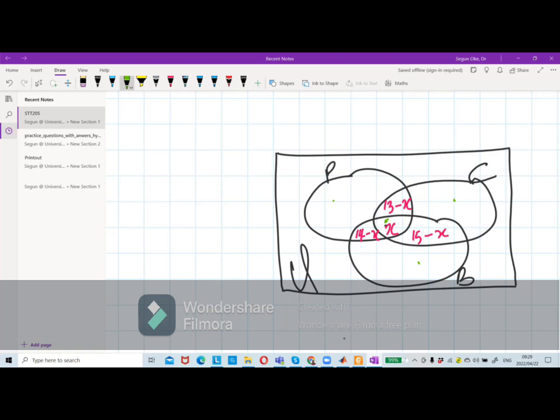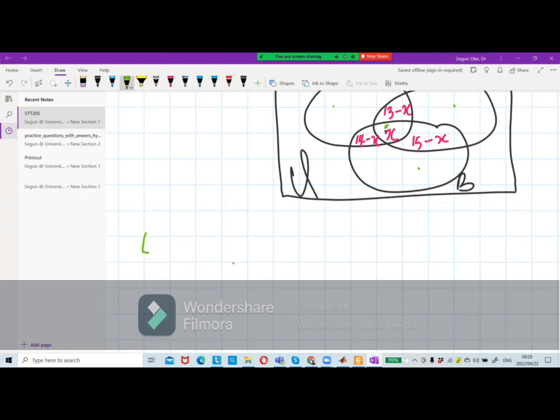So the next thing we need to do is to say, like we said, let S equal physics intersection chemistry intersection biology. Let S equal this.